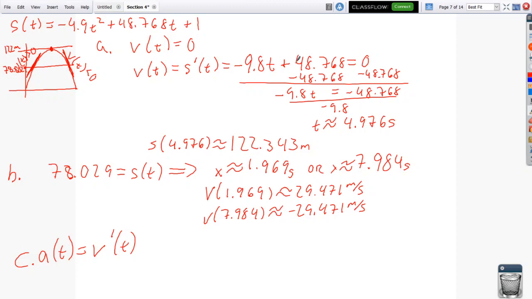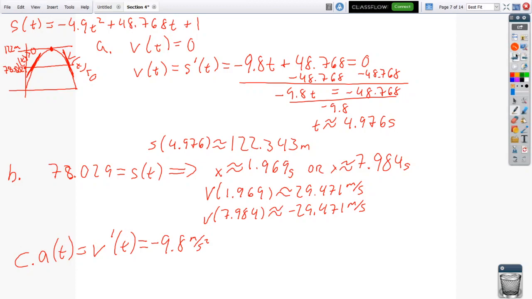48.768. Now looking at that, that's a linear function. Linear functions have constant slope. Derivative is just the slope of the function. So the slope of v is negative 9.8, sorry, negative 9.8. And in this case, we're talking about meters per second squared. Hey, that looks familiar, doesn't it?